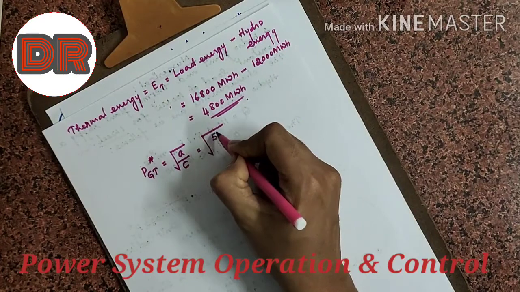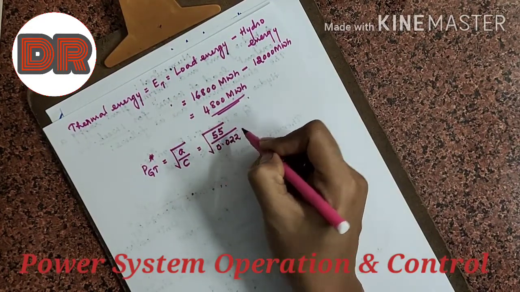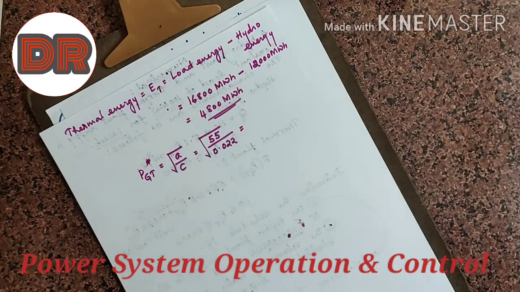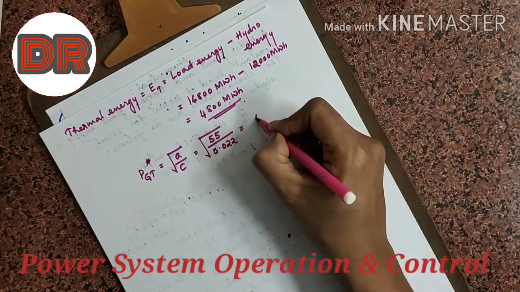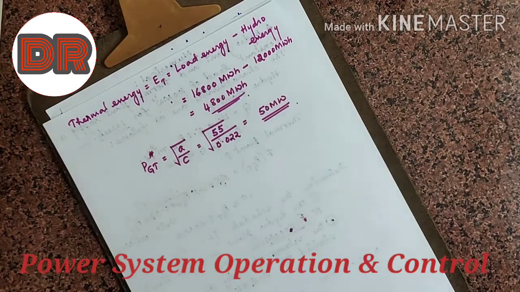It is the square root of 55 divided by 0.022, and we get around 50 megawatt. So PGT is calculated.